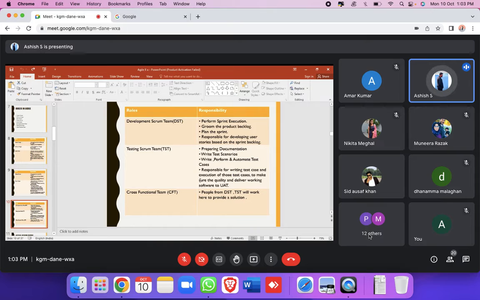Then if any regression or full regression is required, you'll start writing your scripts, or any cross browser testing you want to perform, at that time you'll go for it. So it depends on one stage to another. Okay, sir. Any other doubts? No, sir. All clear? Yes, sir.